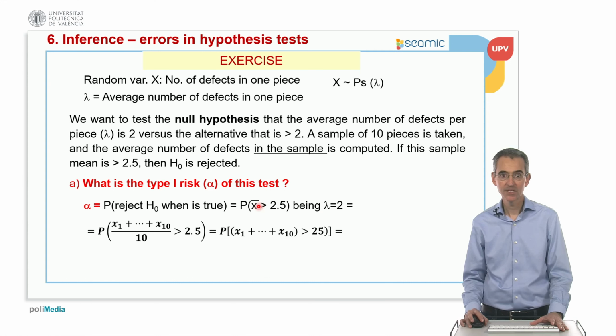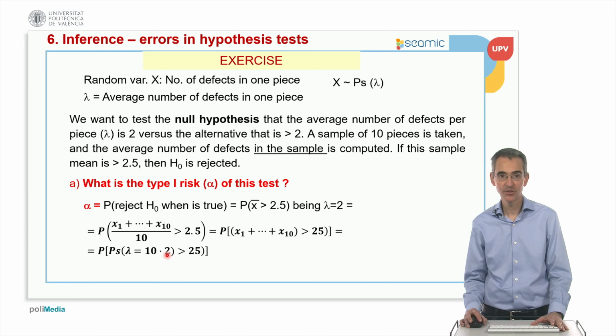So what is the sample average? It is the sum of these 10 random variables divided by 10. We can pass this 10 to the other side of the inequality, multiplying, which means the probability that the sum is bigger than 25. Remember that the sum of Poisson variables is also a Poisson distribution, with lambda being the sum of the lambdas.